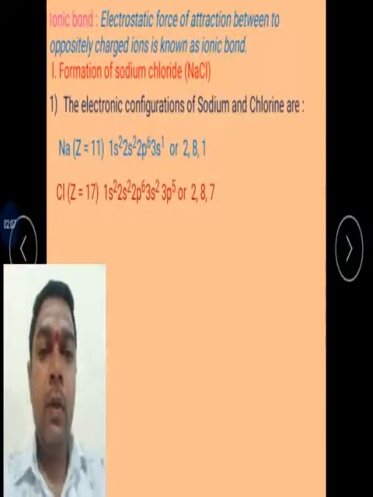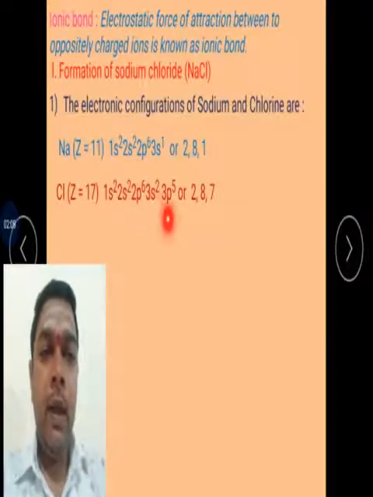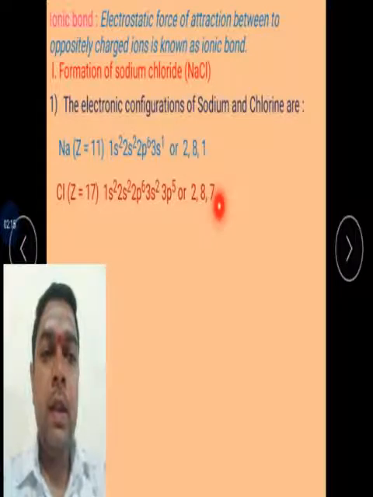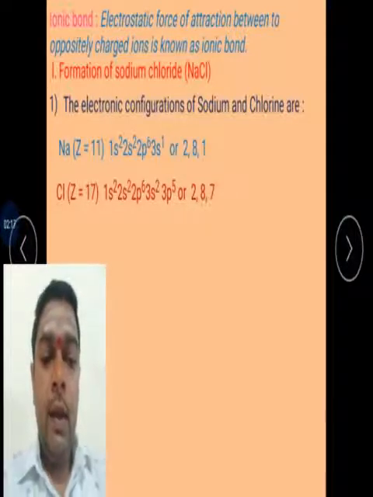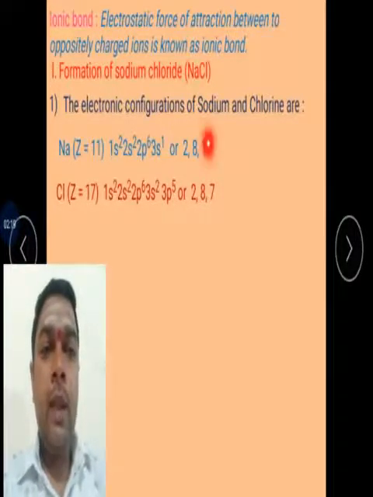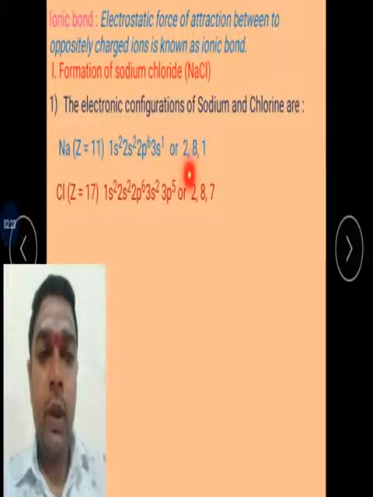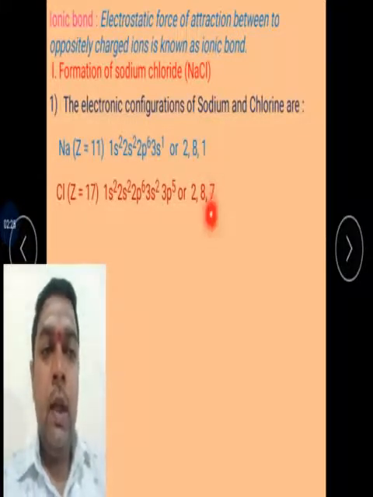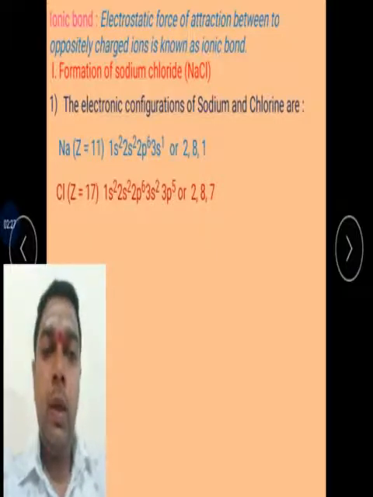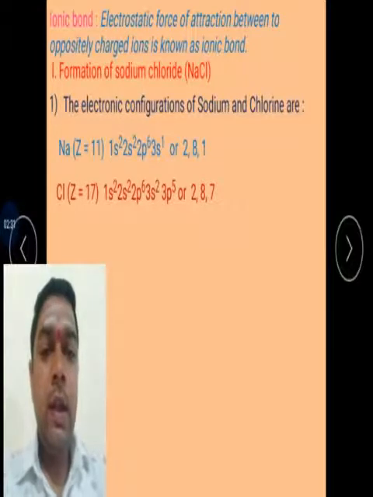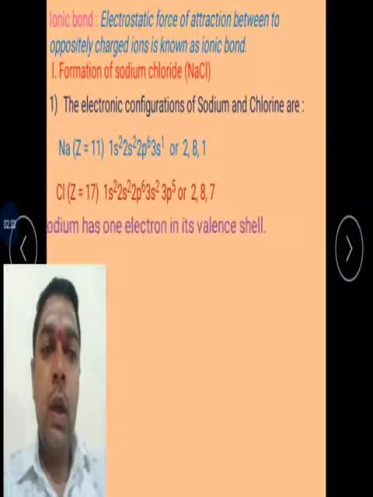The principal quantum number is 3, and therefore the number of electrons in the outermost shell is 2 plus 5, that is 7. Hence, sodium has one extra electron to attain the nearest inert gas configuration, while chlorine is one electron short of the nearest inert gas configuration of argon.